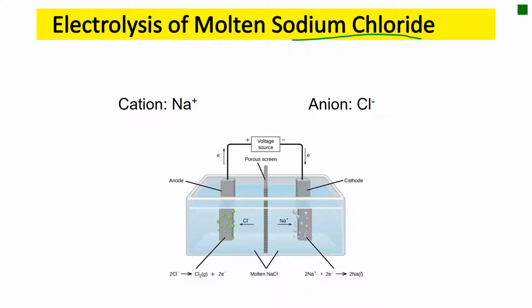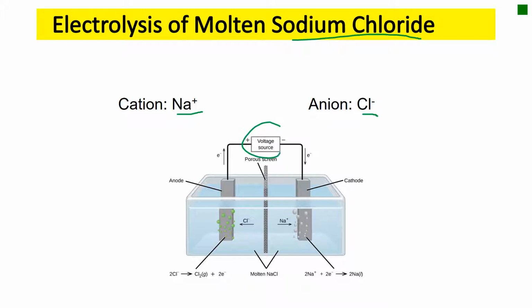In molten sodium chloride, the cations and anions correspond to sodium and chlorine. The diagram below shows the reactions that occur at the electrodes. It shows an electrolytic cell with a pair of electrodes connected to a voltage source, which in this case would be a battery.